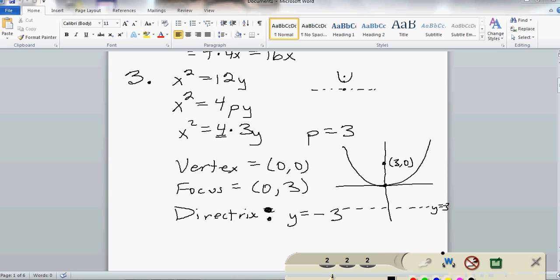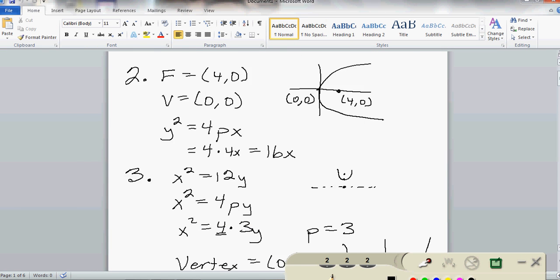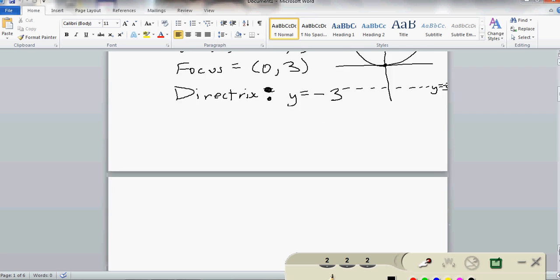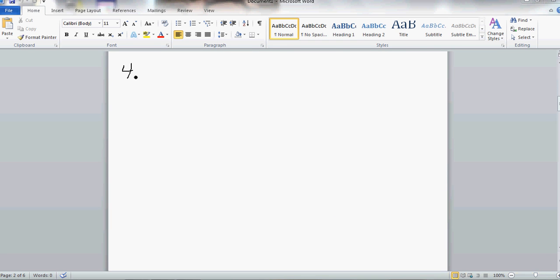So with that in mind, let's take a look at number 4. Now number 4, we throw in a whole bunch of stuff right off the bat. (x minus 2) squared equals 7 times (y plus 1). Okay, a couple things. First of all, these will change the vertex in a way that is similar to the transformations that we've dealt with.